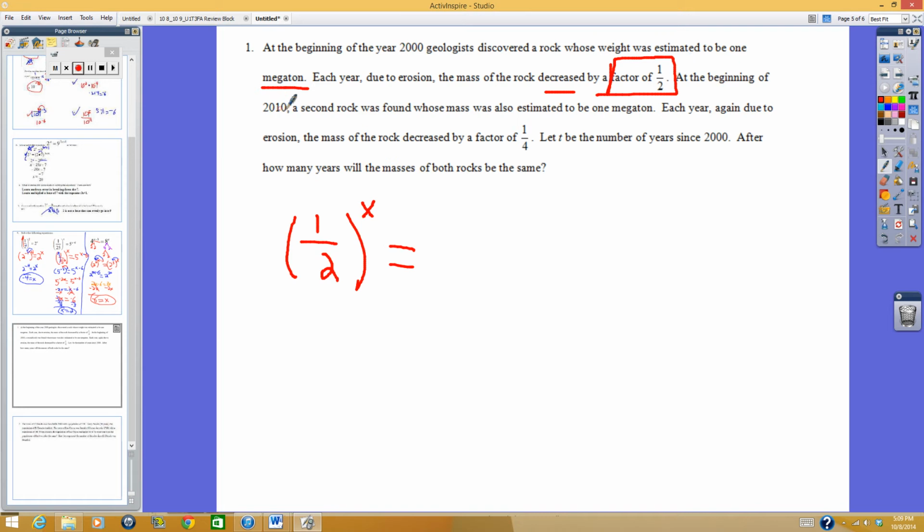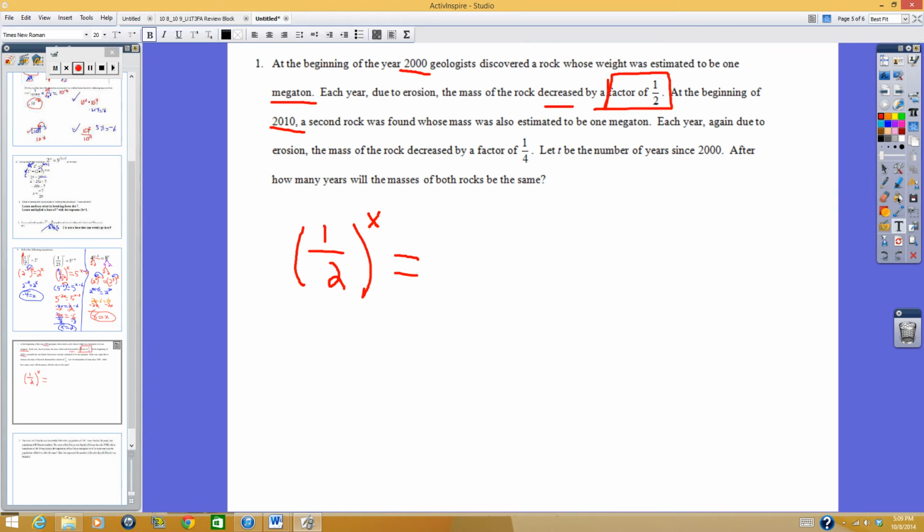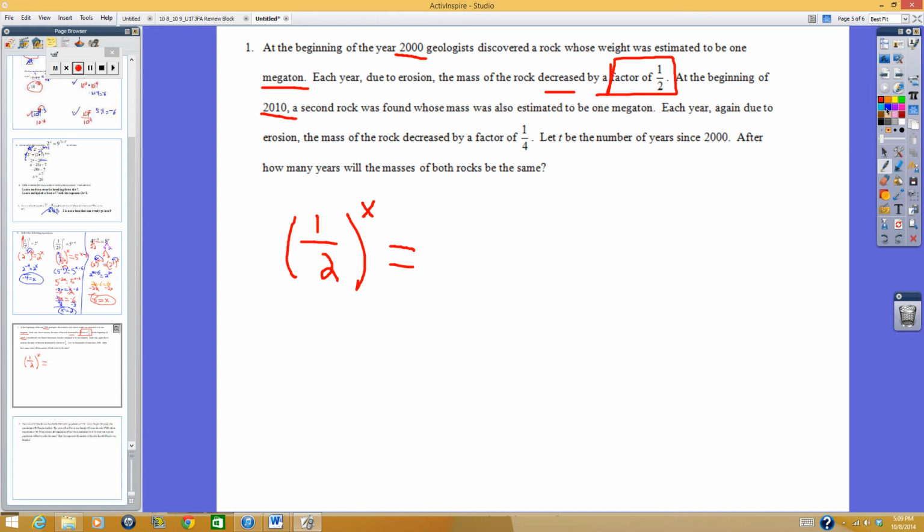At the beginning of 2010, see how this was 2000 and this was 2010? I think it's important to note that 10 years passed between them finding this first rock and the second rock. That's important.